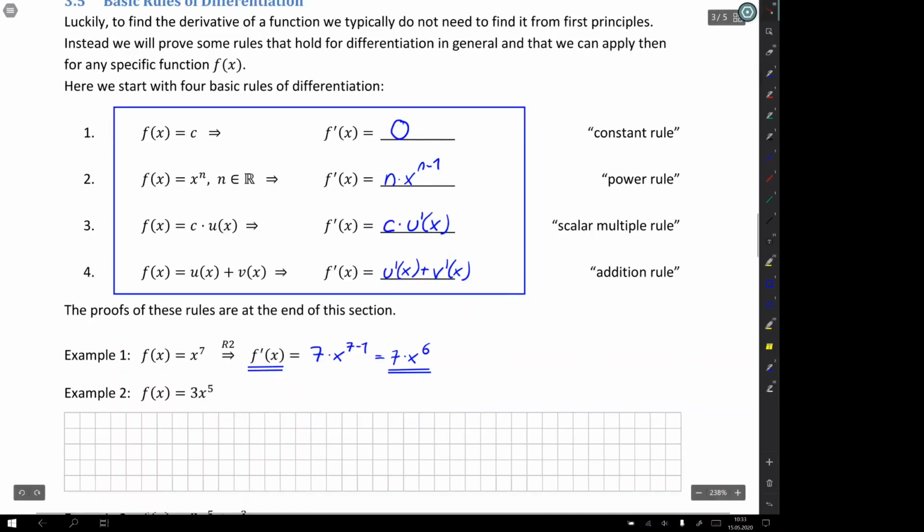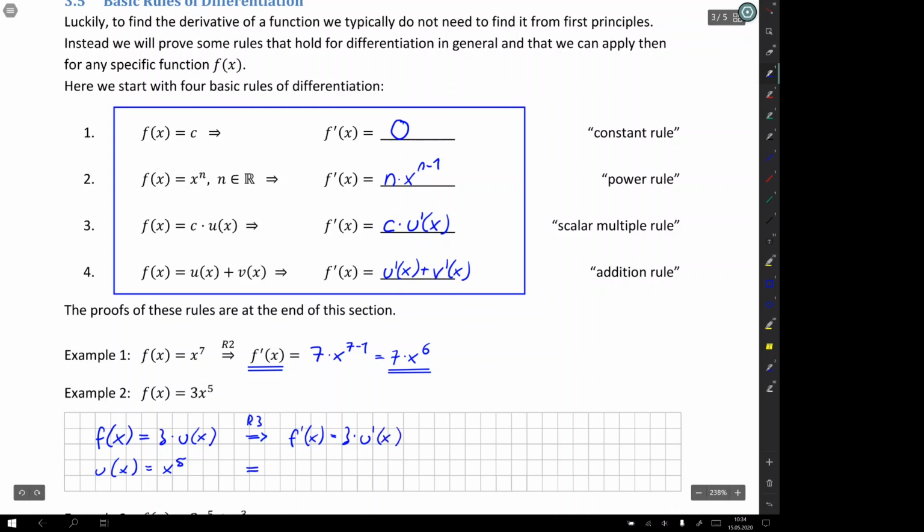Example 2, f of x is 3 times x to the power of 5. Let's take it apart very formally. So f of x is just 3 times some function of x, u of x, where u of x in this case is just the x to the power of 5. And now, using rule 3, we get f dash of x is just 3 times u dash of x.